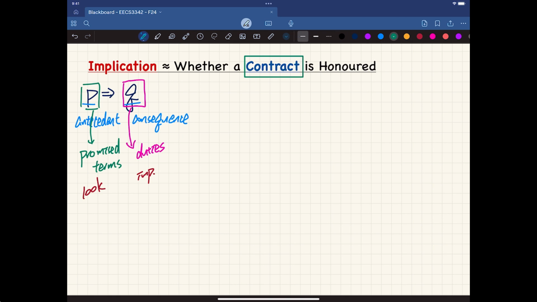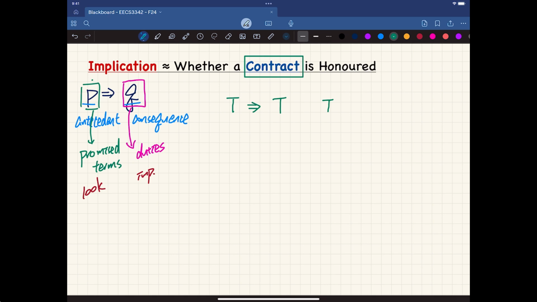If you're really getting what you were promised to be paid, that means you got true for the antecedent. You got the promised terms. And accordingly, you also did your job. In that way, is the contract honored? Indeed, right? So that's why true implies true is going to give you true.